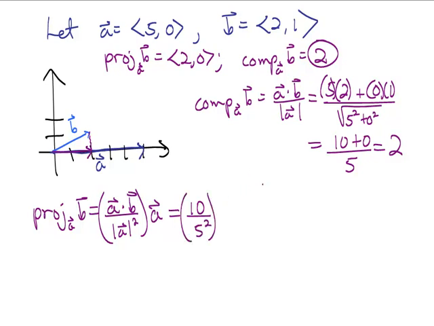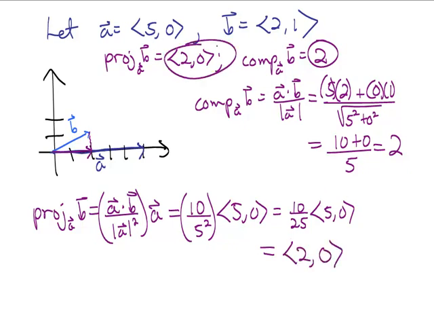All that in the direction of A, so that's scalar multiplied by A, which is 5 comma 0. That's 10 over 25 times 5, 0. If we multiply that through, 10 times 5 is 50. 50 over 25 is 2. 10 25ths times 0 is 0, just as we had surmised. So those formulas do work.